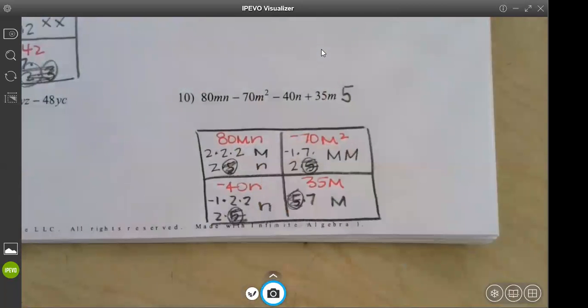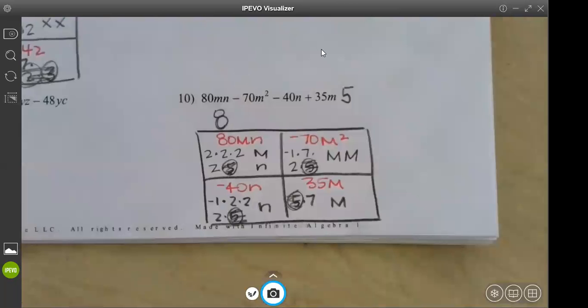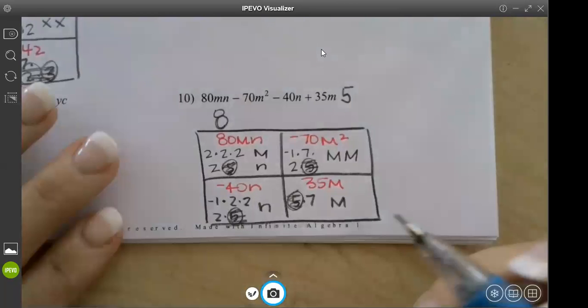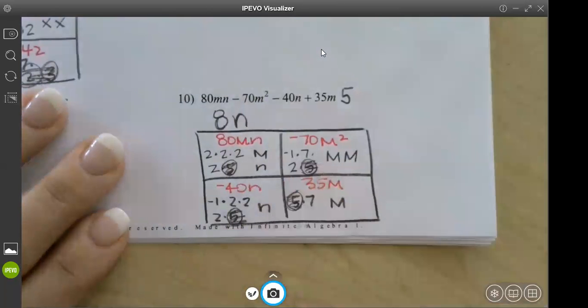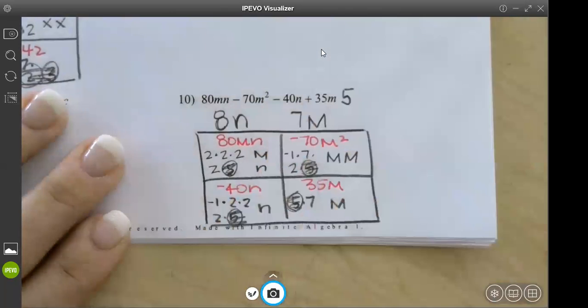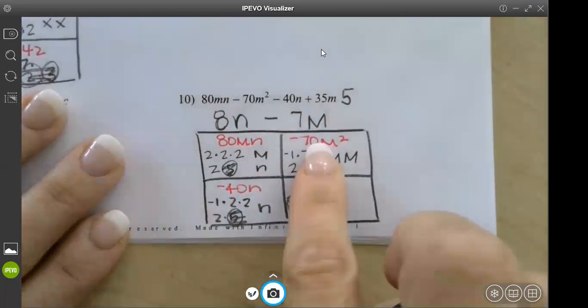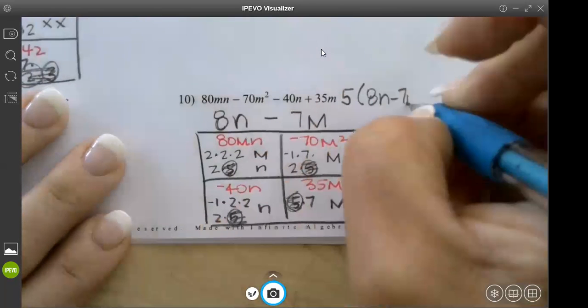Top to bottom, what do we have? 3 2s, which is 8. What else do we have? An n. Perfect. What about top to bottom here? 7 and an m. What sign should it be? Negative, because the box is negative. So your first set of parentheses is 8n minus 7m.